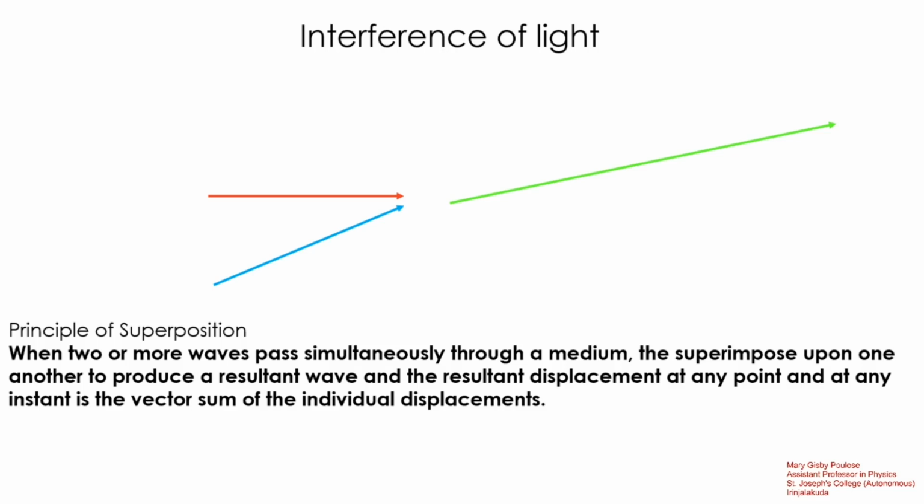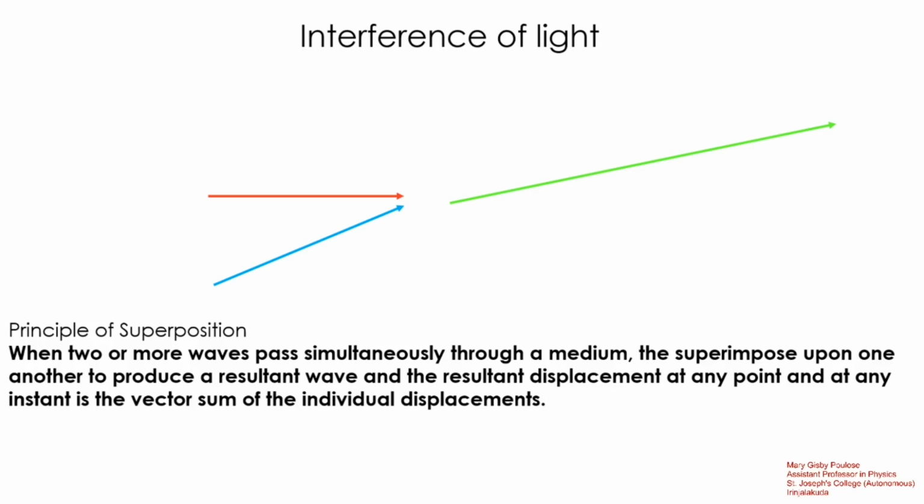The principle of superposition states that when two or more waves pass simultaneously through a medium, they superimpose upon one another to produce a resultant wave. The resultant displacement at any point and at any instant is the vector sum of the individual displacements.